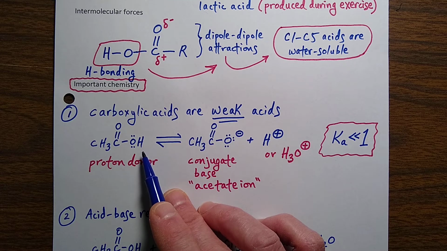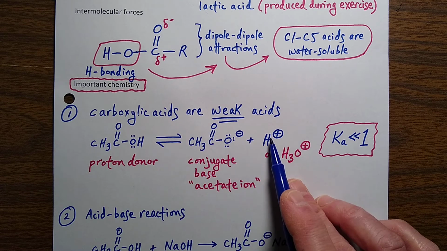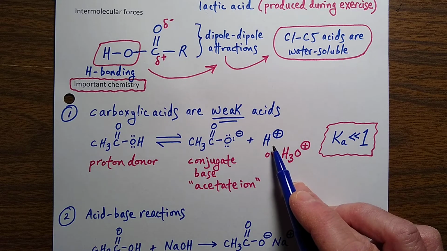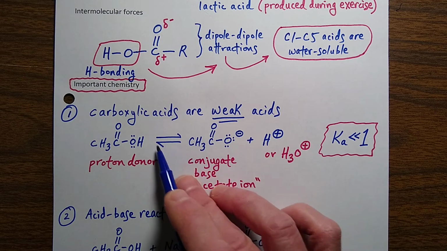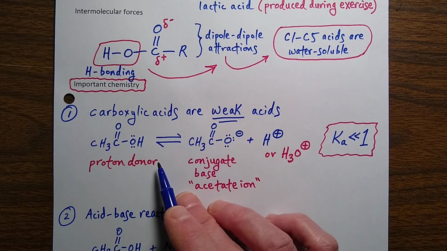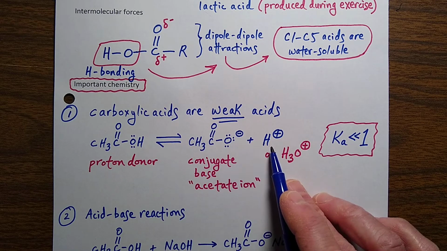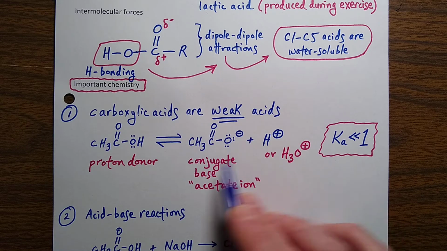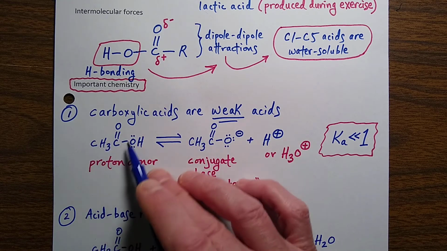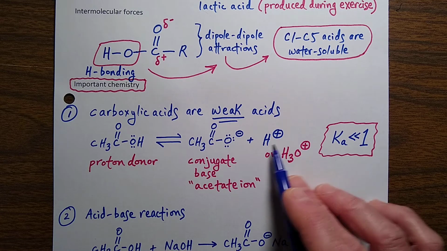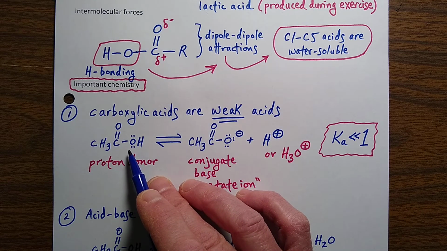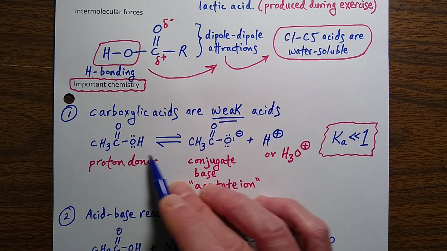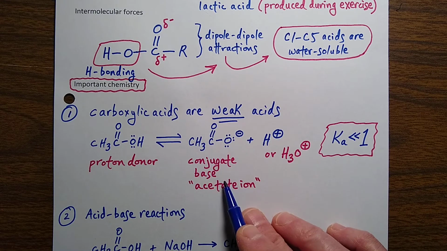An acid, like a carboxylic acid, can donate a hydrogen just like HCl can, but it's a weak acid, so we write it as an equilibrium. It doesn't completely lose all its protons, in that not 100% of these molecules ionize. Maybe 5% or less of them actually break apart into the conjugate base.